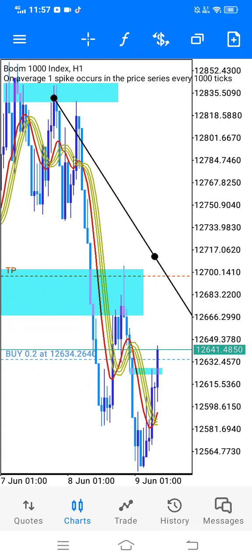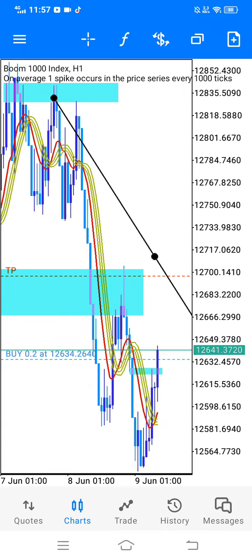And this is where you use your price action. You can see I have some support zones, I have some resistance zones marked up, and I'm currently in a buy. This has nothing to do with the strategy. I'm just showing you guys how to identify the trend in the market. So let's go back to Boom 300.